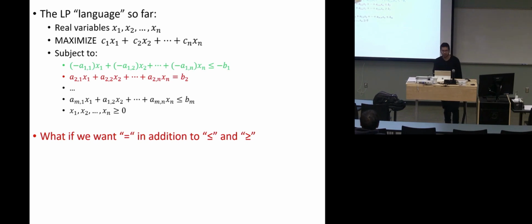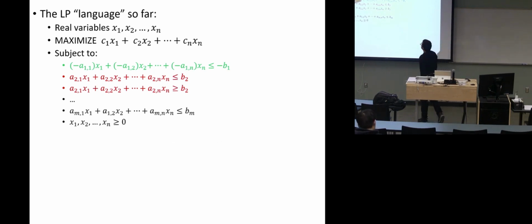Yeah, exactly. You can just put both an at least and an at most constraint, and then make the at least one into an at most again, and put it into standard form. By putting in these two constraints and converting to standard form at the end, you get a standard form linear program.